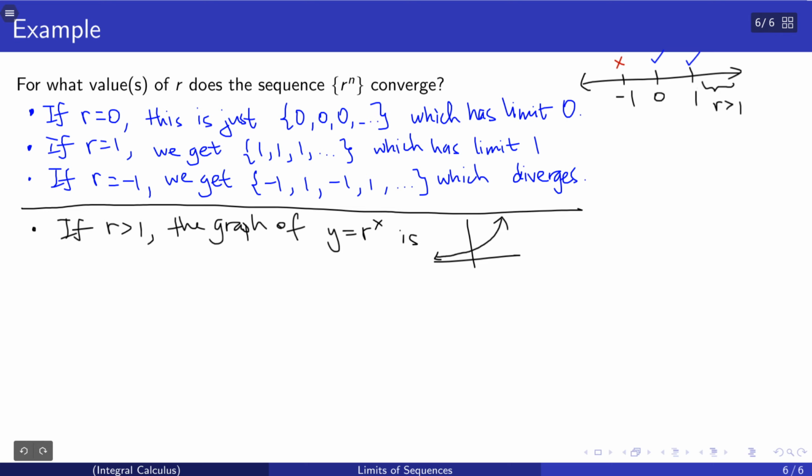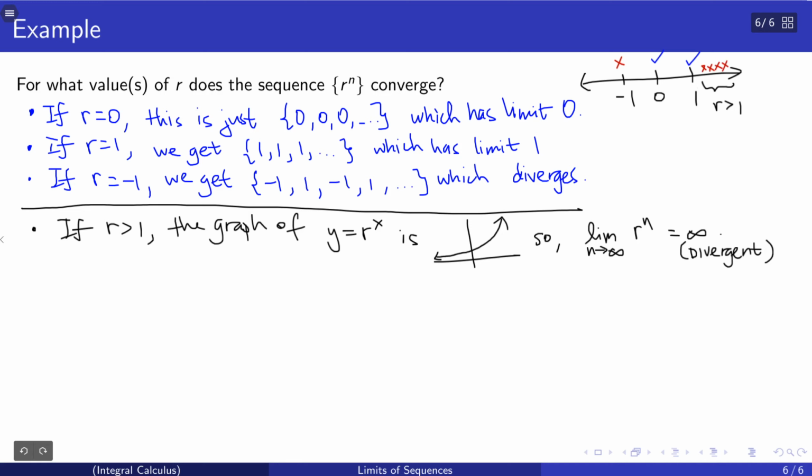From your lessons on the exponential functions, if your base is larger than 1, r to the x blows up. It goes to infinity as x goes to infinity. Therefore, the sequence will also blow up to infinity. So it's divergent here.